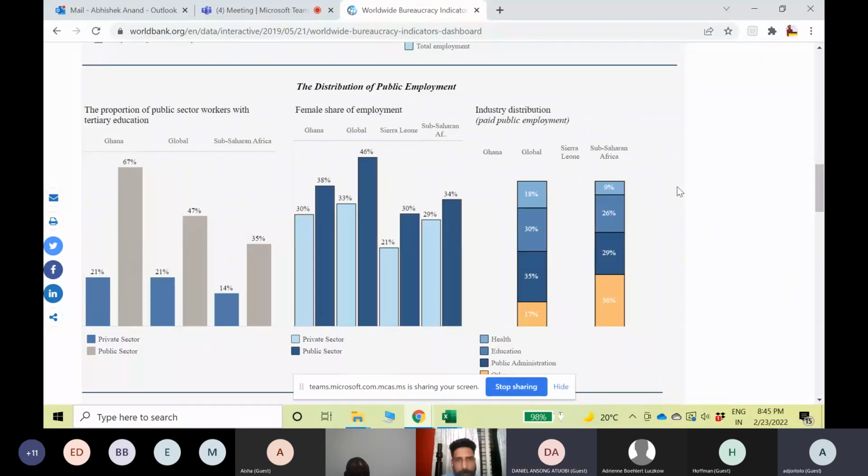Yes, the chart presents a very interesting scenario for us. In Ghana, as you rightly said, the public sector has more graduates or educated people. One of the reasons is that the private sector has not yet matured to be able to absorb more graduates and people with specialized expertise.